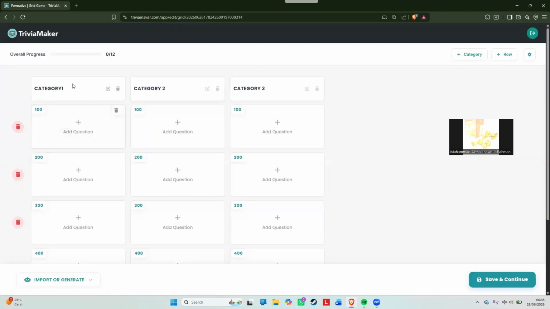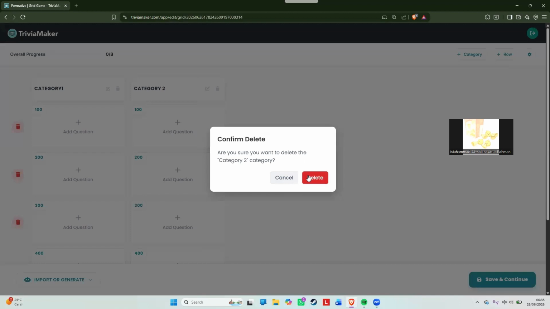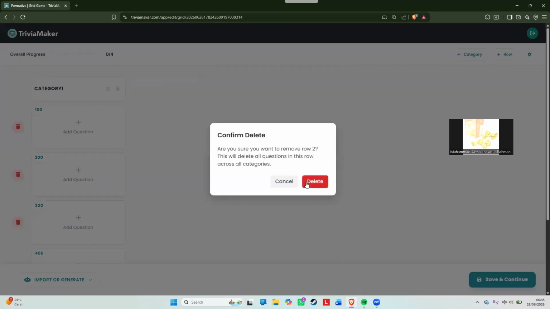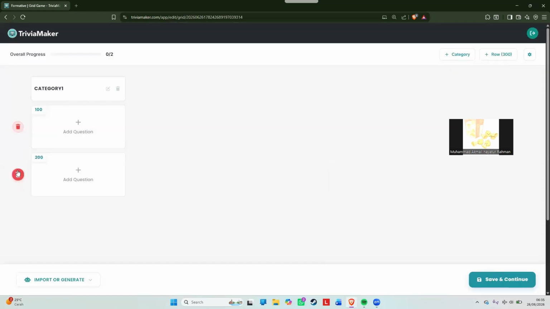And then, for example, I want to do this one. Just one, for example. About the generic structure. Then I add the question.